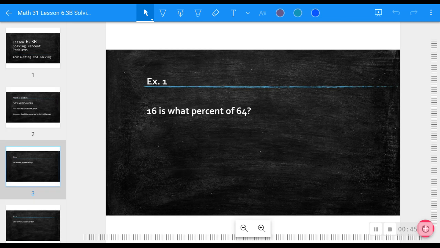Okay, example 1 here. We're going to be looking at 16, and we want to know 16 is what percent of 64? Now, once we have it written down, then we just divide both sides by 64 to find our answer here.